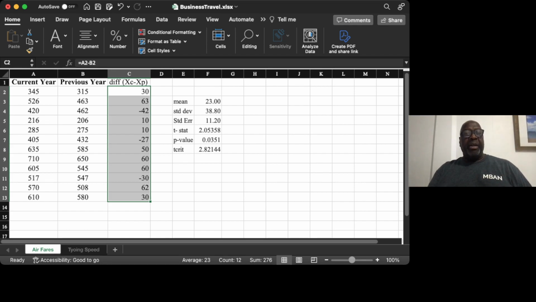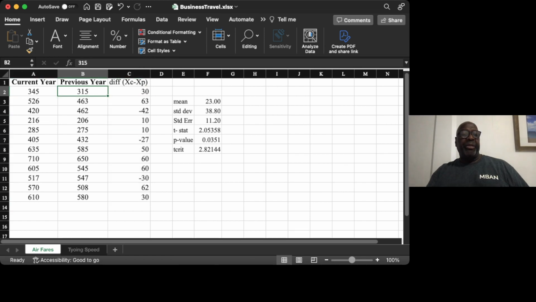A negative difference means that the airfare was actually lower for that particular flight. Now that I've calculated the differences, it's very simple. This 30 is 345 minus 315. Now I can take the mean, which is the average of those values, and the standard deviation, STDEV, of those values right here. And then I have the standard error. Remember, the standard error is s_d divided by the square root of n, which is 11.2.